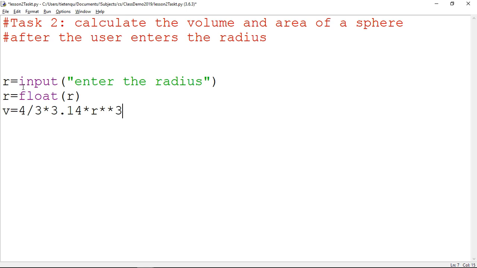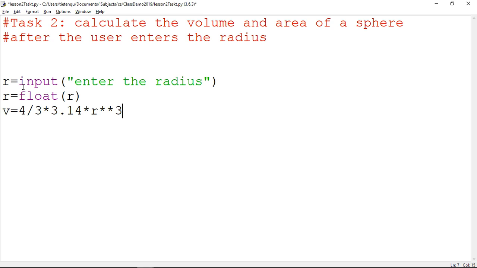So have a close look at that line. The 4/3 gives me the 4 divided by 3. And then that asterisk or star means multiply, so it's going to multiply that by pi, which is 3.14. We're then going to further multiply that by r, which is the radius the person's entered. And remember, at this point, we've already converted it to floating point.